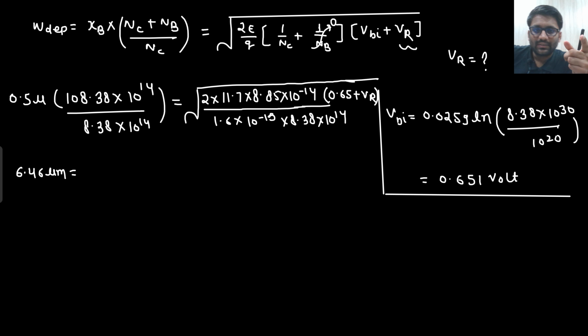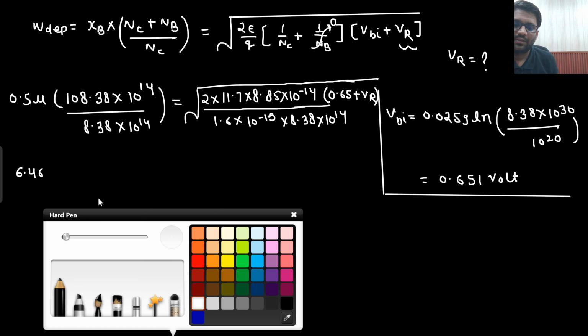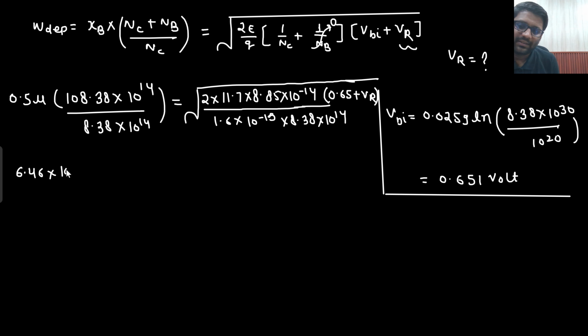So 10 to the power minus 28 would go here. What I can do, 10 to the power minus 5, that goes 10 to the power minus 9, 10 to the power minus 4 I can take outside, right? So 6.46 only I can put here. Basically this is something we were getting, right?